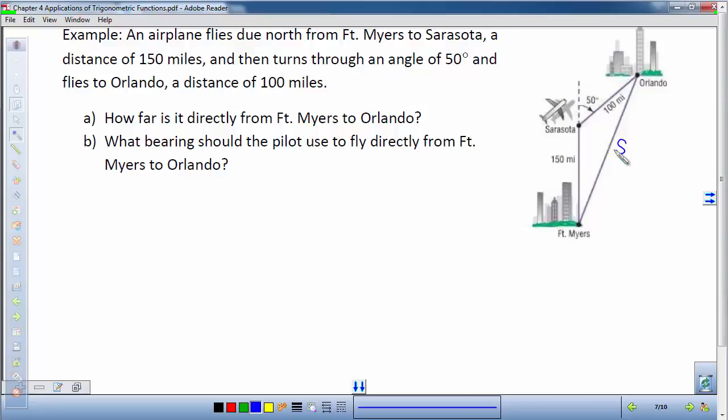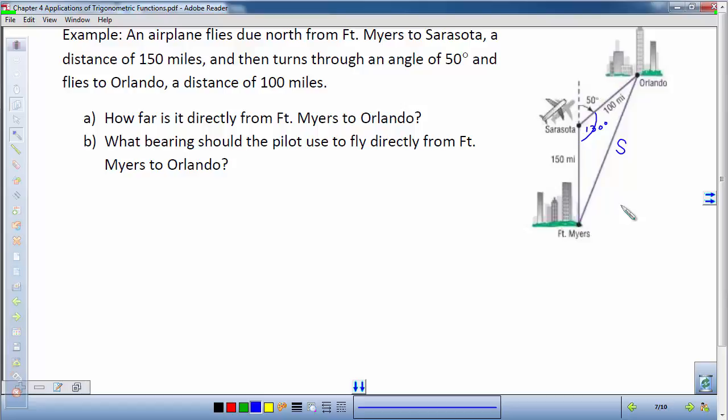Okay, so this included or opposite angle is 130 degrees. And also I have two sides, right? We got side angle side. I'm trying to figure out the other side. Since I don't have any other angles, the only thing I can do is the law of cosines. We've got one angle measure, but the side that's opposite is unknown to us. So we can't use the law of sines. We have to use the law of cosines.